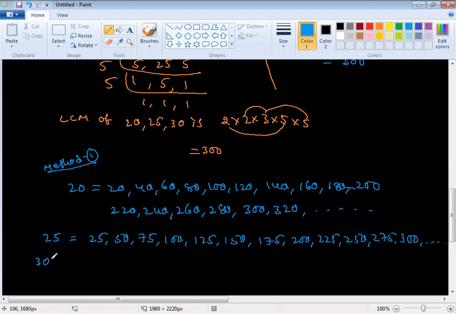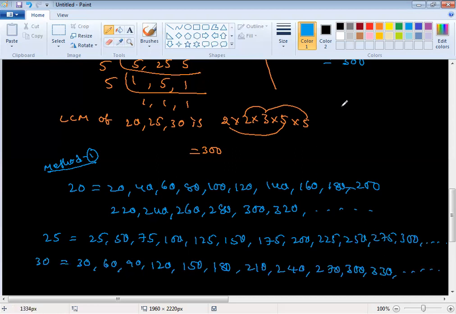And after 25, 30 I'm taking: 30, 60, 90, 120, 150, 180, 210, 240, 270, 300, 330, and so on. So if you observe, we need to find the least common multiple. The starting common multiple is the least common multiple.